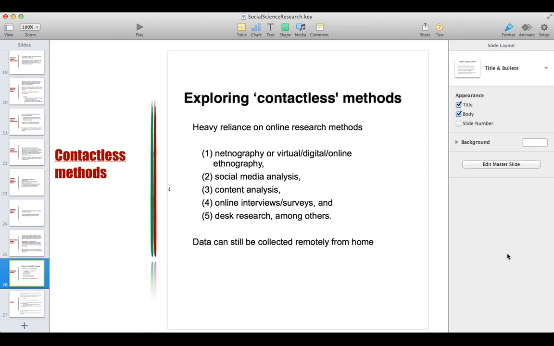If their access to the internet is limited, why would we use a methodology that restricts us? If they're limited to the internet, netnography is probably not the proper methodology. Maybe there is another methodology we can use for them.